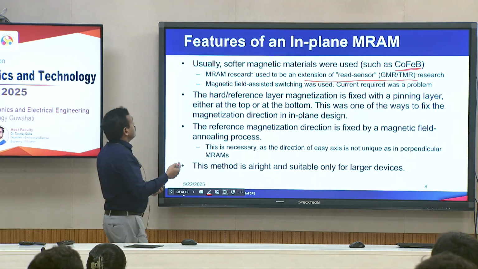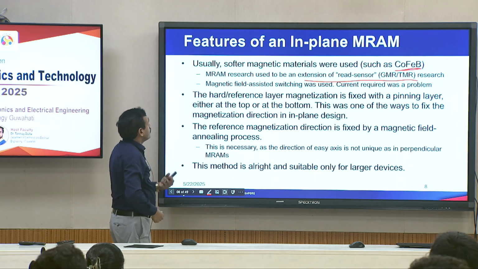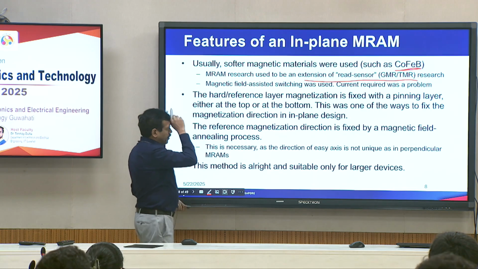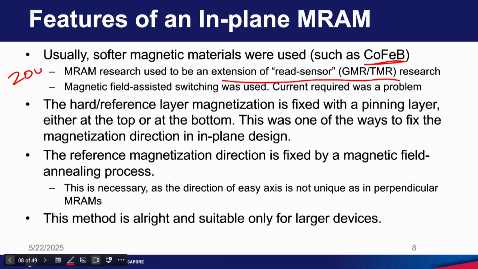And the second reason why we use the softer magnetic materials was because at that point of time, let us say people are doing this research in 2000 or earlier, we do not have the concept of using STT to switch magnetization. So, we were relying on the magnetic field assisted switching.